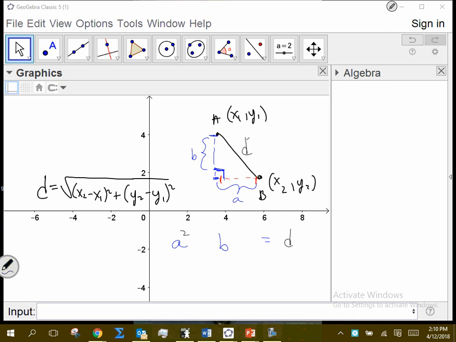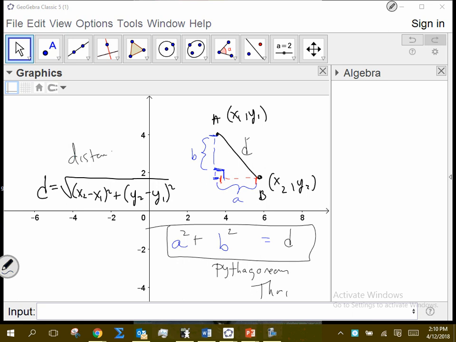Okay, D is the hypotenuse. That's the Pythagorean theorem, right? So the distance formula is just the what? Pythagorean theorem. It's just the Pythagorean theorem.